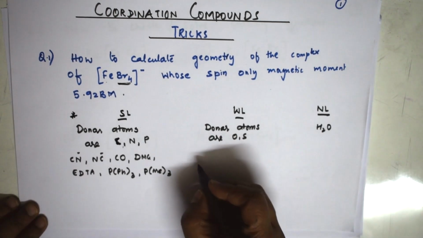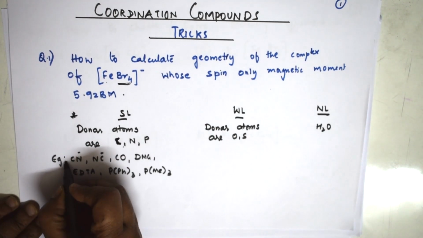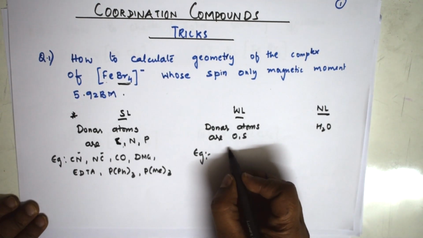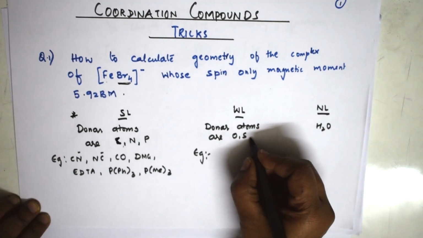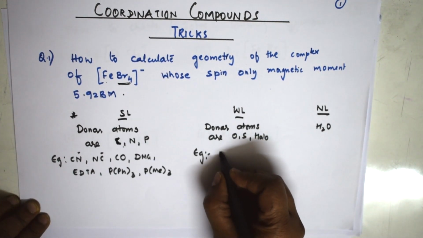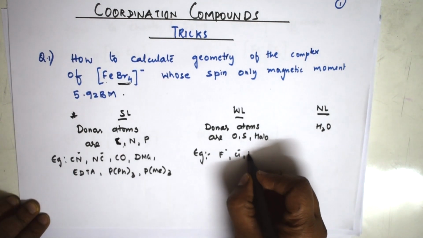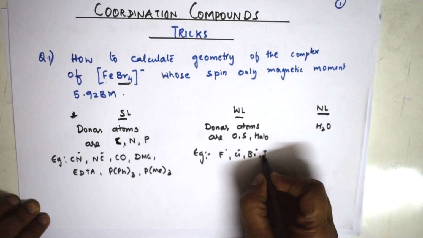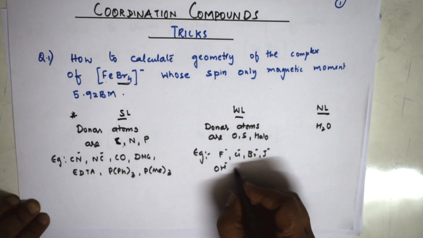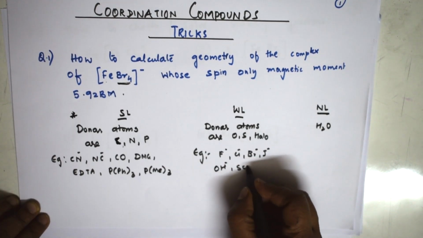If I take weak ligand examples, they start with oxygen, sulfur, and even halogens you can add. Halogens are fluorine, chlorine, bromine, iodine. If it starts with oxygen, it can be OH minus. If it starts with sulfur, it means SCN minus.